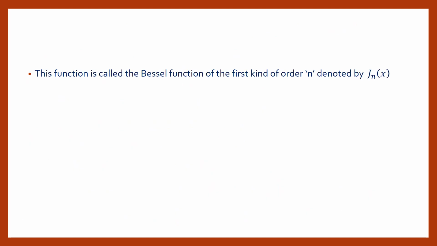This function is called the Bessel function of the first kind of order n, denoted by Jn of x. So we have Jn of x as summation r from 0 to infinity, minus 1 power r by r factorial, x by 2 power n plus 2r, into 1 by gamma of n plus r plus 1.